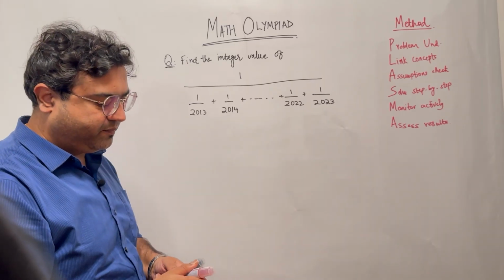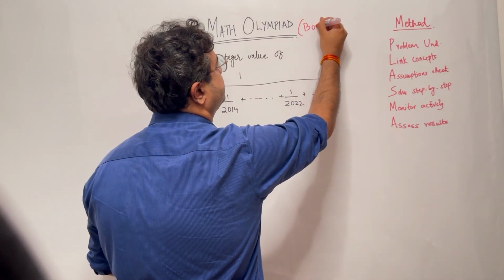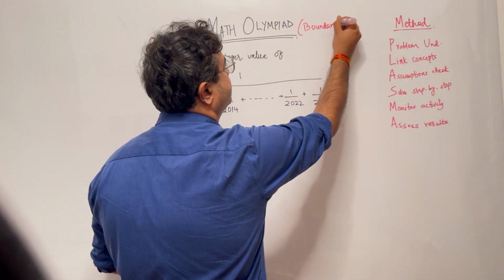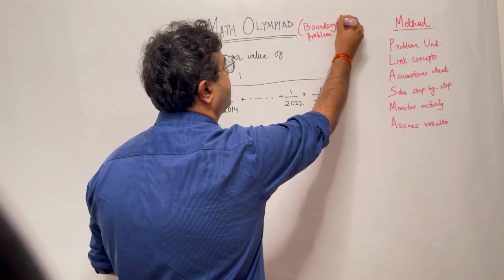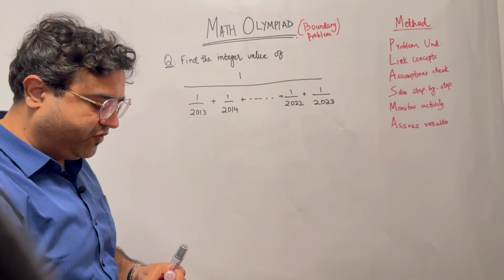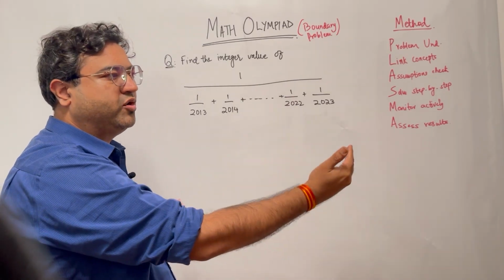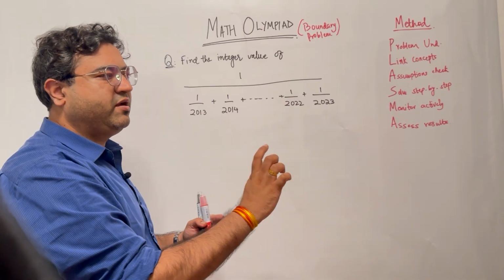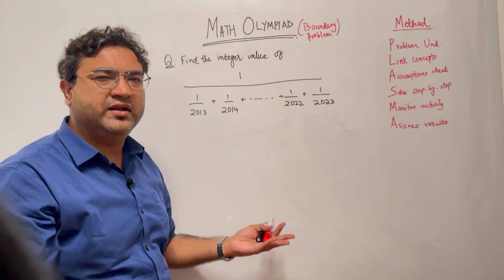So this is a boundary problem, where we have to look at the lower bounds and the upper bounds, and see whether we are able to get an integer value.